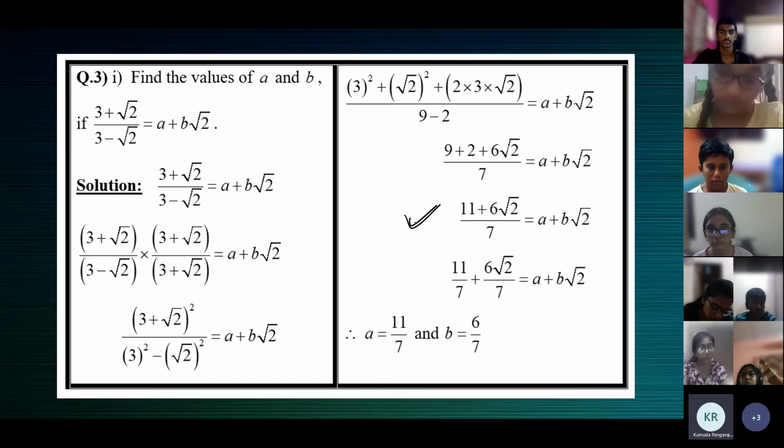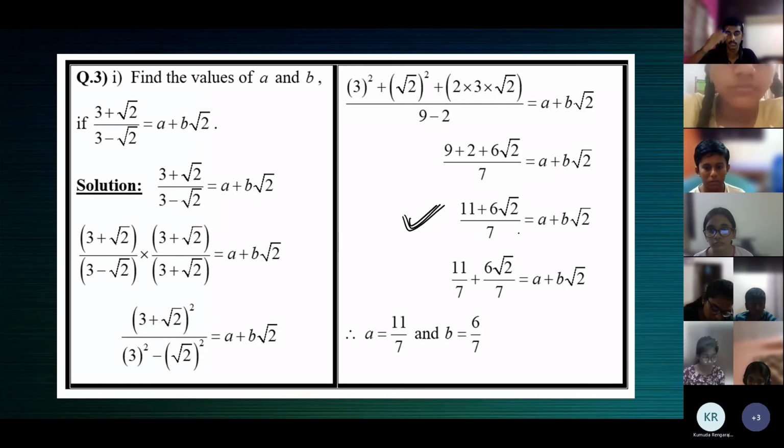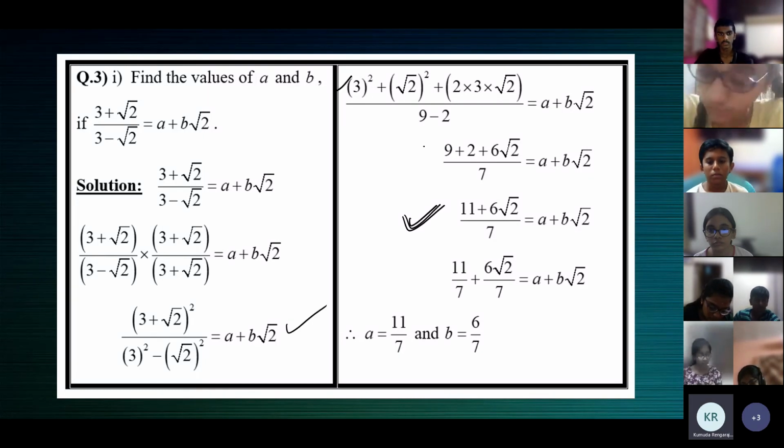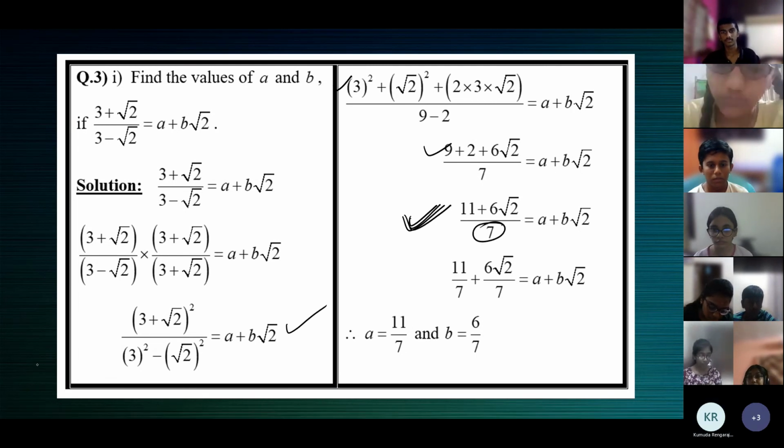You will be here. Now 11 + 6√2. So when should you stop? When the denominator is rationalized. All the rationalizing process is happening in these steps, and here you're done with the simplification and the denominator is rational now. Now compare both the sides.